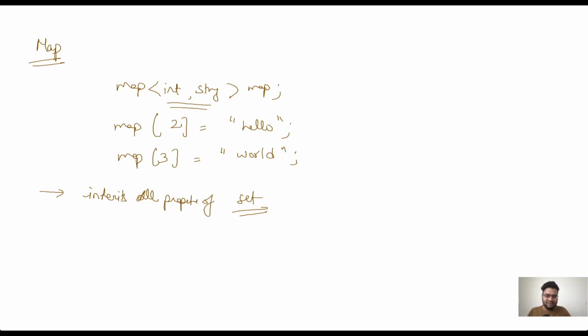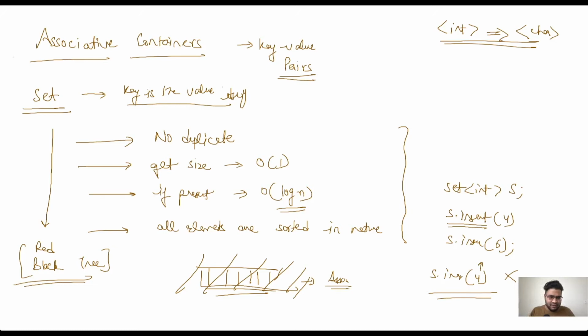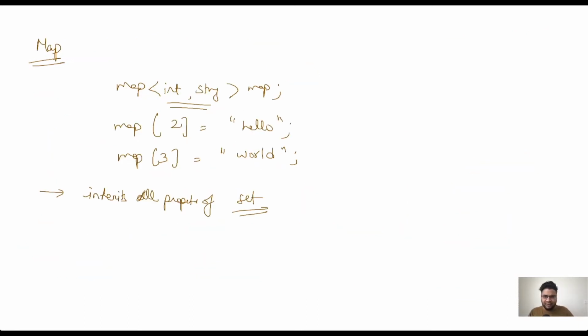If you remember, in set, the value itself was acting as both the key and the value. In map we will have a different key and a different value. This will be my key and this will be my value, right? So that's about map. The internal implementation of map also follows red black trees.